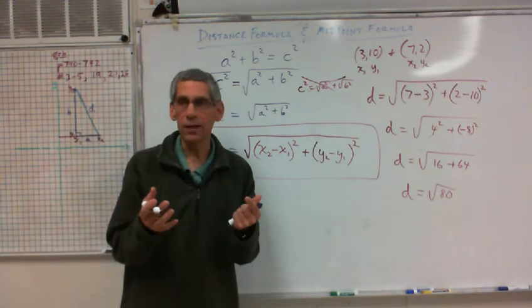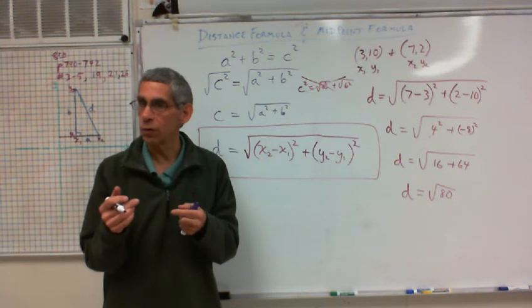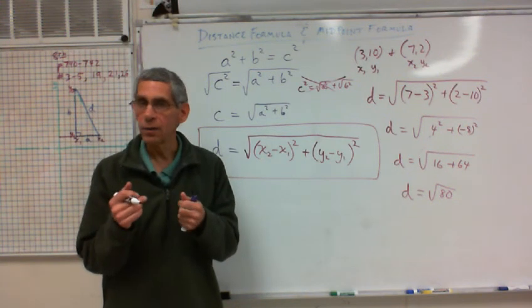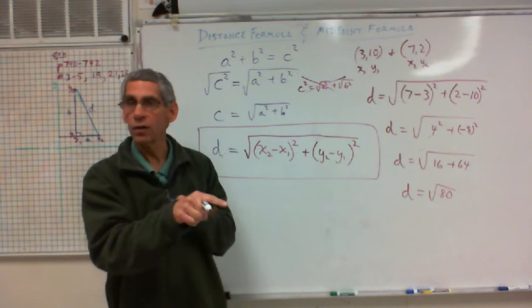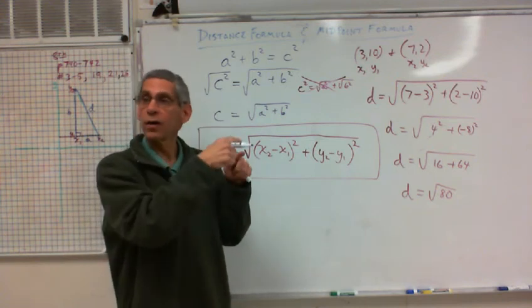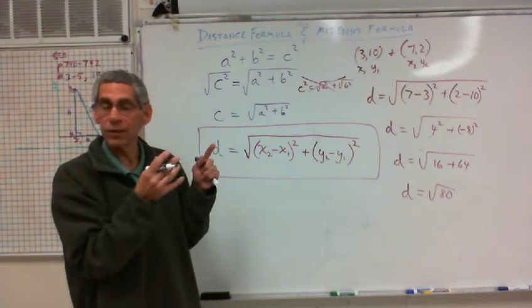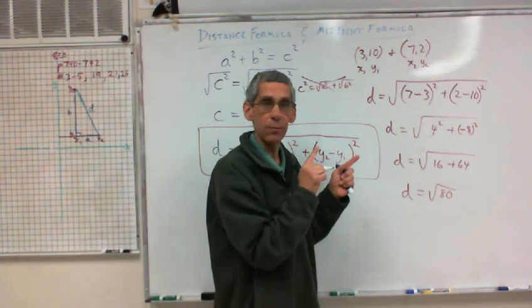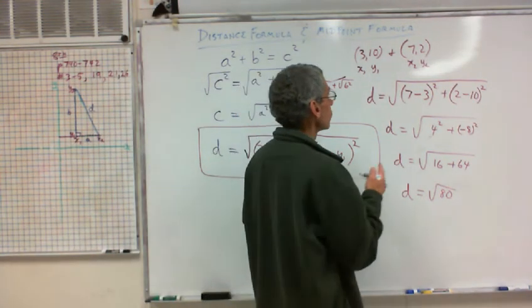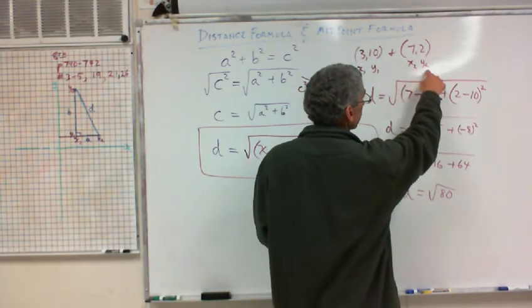It's sort of like the slope formula. Remember the slope formula? The change in y over the change in x, y2 minus y1 over x2 minus x1. It's sort of like that, but it's tricky only in that you have to be careful. I don't even bother writing x1, y1 and x2, y2.